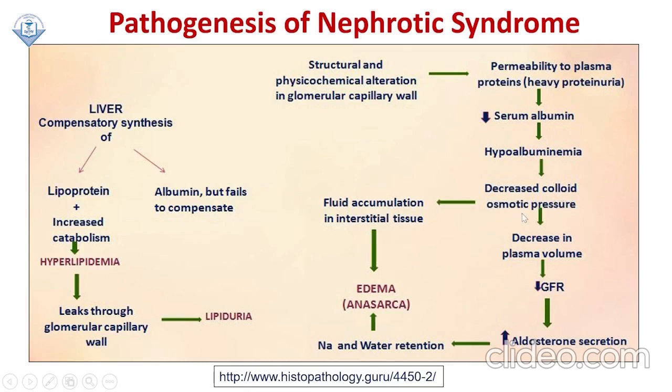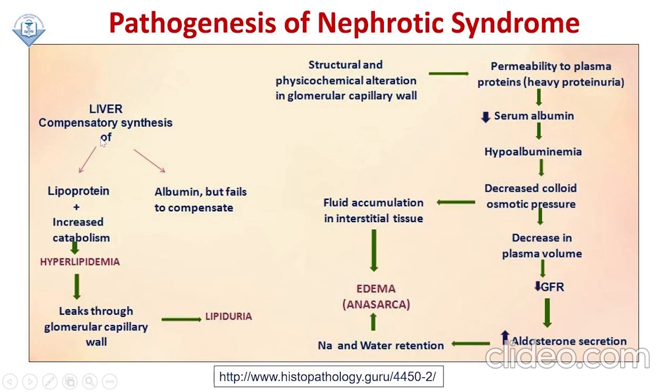Colloid osmotic pressure is the same as oncotic pressure, and it leads to decrease in plasma volume, decrease in glomerular filtration rate in the kidney, and increased aldosterone secretion. On the other side, it leads to fluid accumulation in interstitial tissue, edema, or anasarca in advanced cases, and finally this is the explanation of edema development.